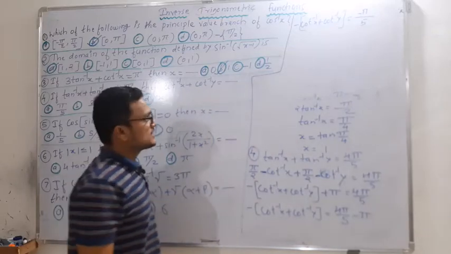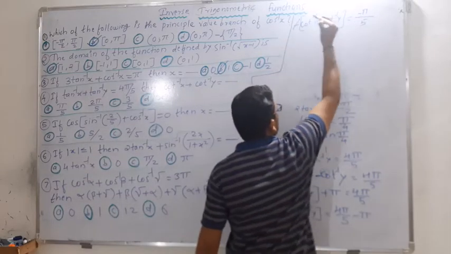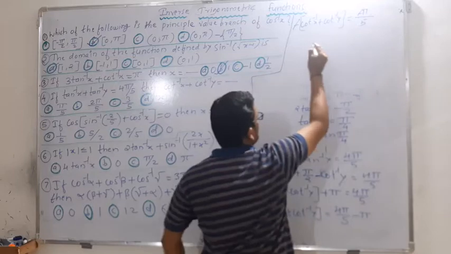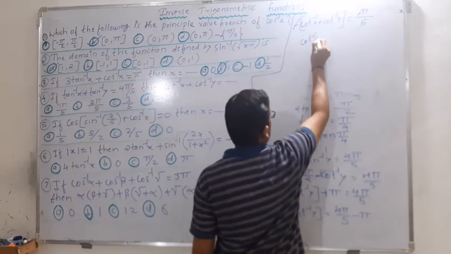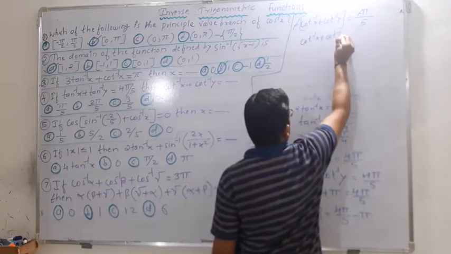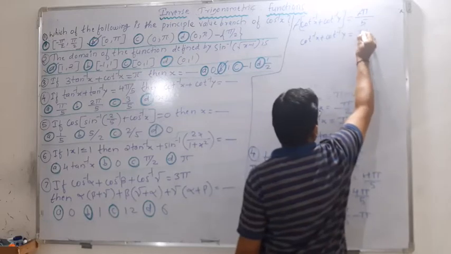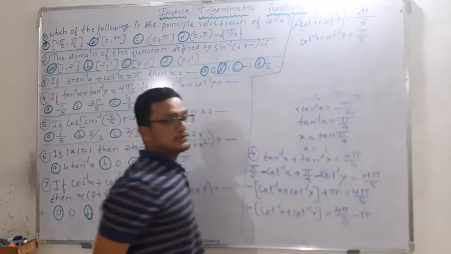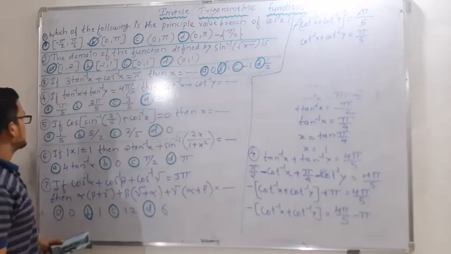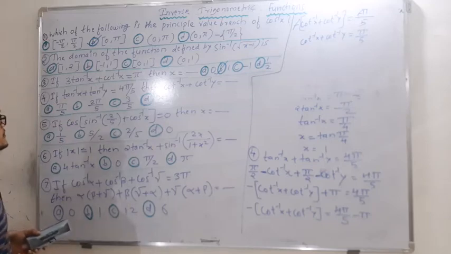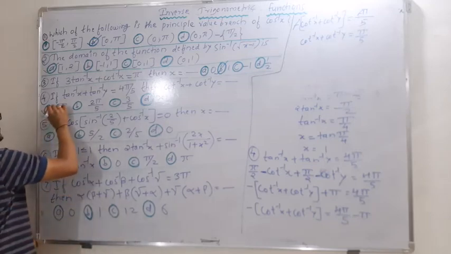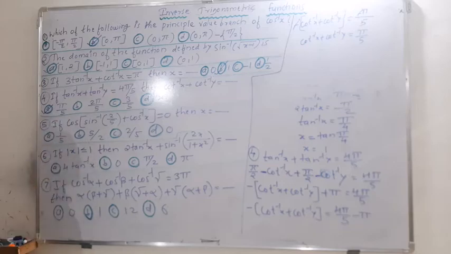See here, this minus gets cancelled. So therefore cot inverse x plus cot inverse y is equal to how much? Pi by 5. So just let us check whether we have that option. Yeah, so option A will be correct for that.